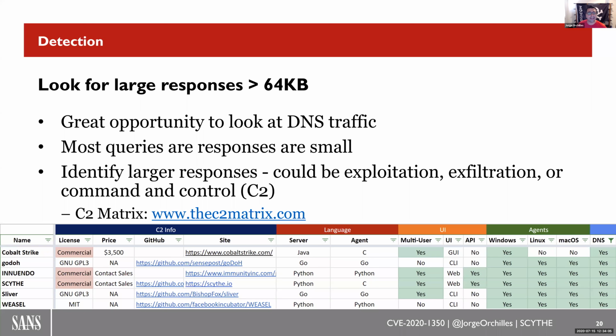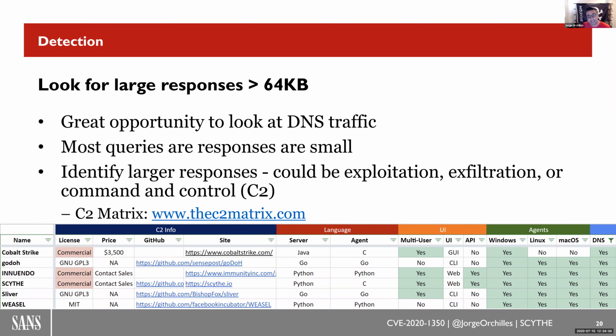Look at that traffic. Now also look at the responses. If the responses are over 64 kilobytes, maybe take a look at those. It's a great opportunity for that. Most queries are small responses. Now, if you do start seeing a large amount of large responses, that could be exploitation of this vulnerability. As Stephen mentioned, you're going to have to interact with it to know where you are in memory. It could also be exfiltration.